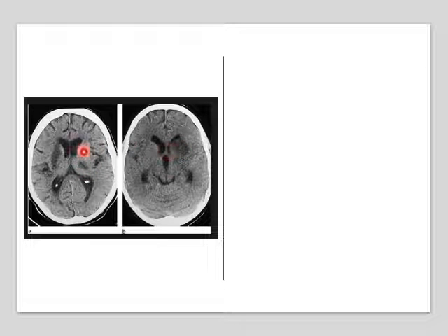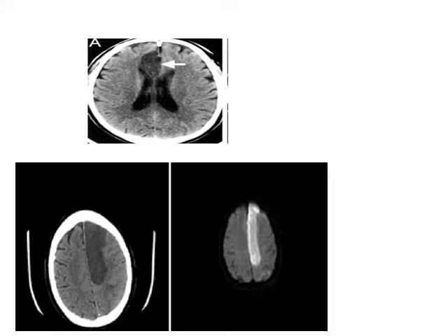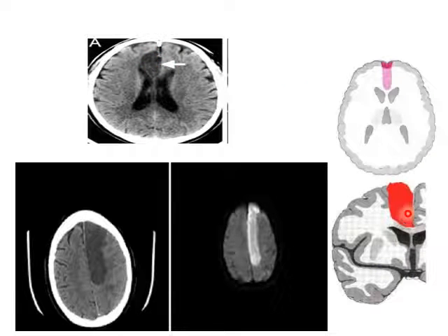So it's basal ganglia and thalamic infarction. Where is this lesion? This hypodense lesion is in the frontal lobe. It is in the territory of the anterior cerebral artery.